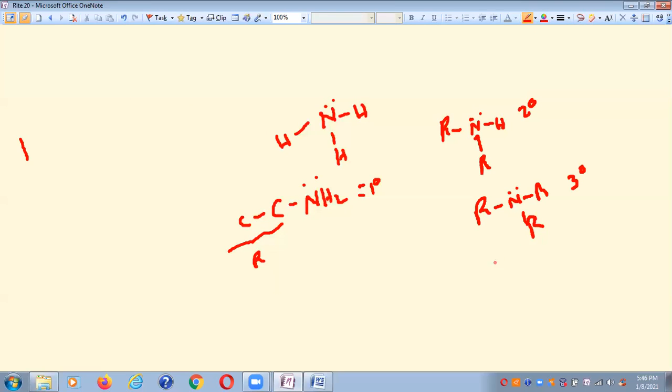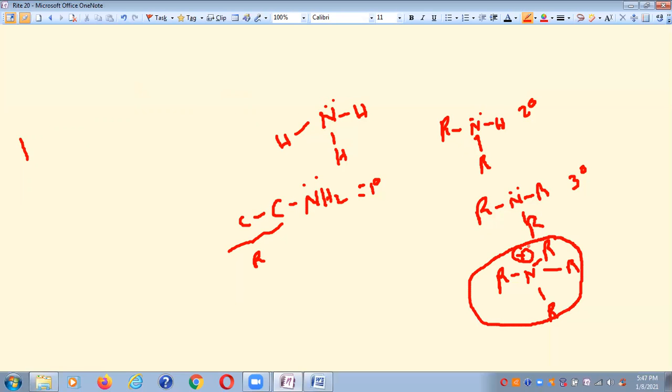If the lone pair of electrons is substituted with an alkyl part, then we get this one. Here it gets a positive charge. Now the nitrogen is surrounded by four alkyl parts and possesses a positive charge. So this is known as an ammonium ion.